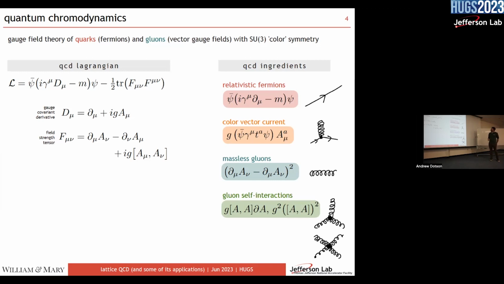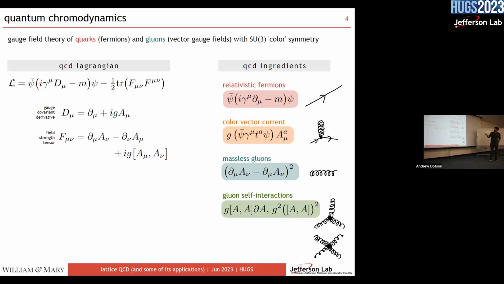And you know that often with quantum field theories like this, you choose to represent the properties of the theory in terms of Feynman diagrams. So there you go, there's the propagator for a fermion. The other part of this first term gives rise to this coupling between the quark field and the gluon field in terms of the color vector current. So this is how quarks produce gluons and vice versa.